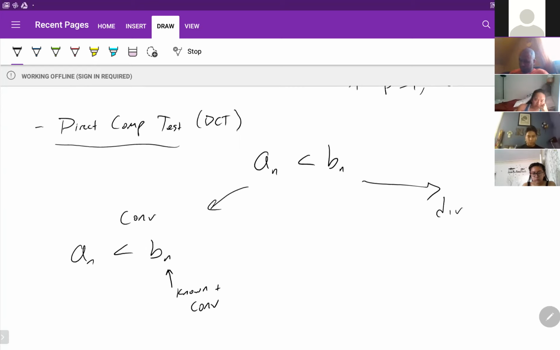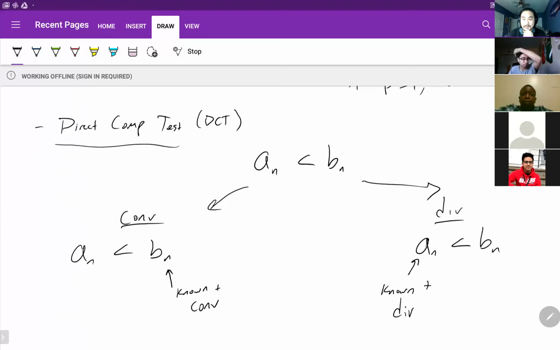The whole my-brother's-in-the-house thing, right? The divergent case is the reverse a little bit. Still a sub n and b sub n, but in this case you want this one to be the one you know, and you want it to diverge. Because if something is too big, then anything above it will also be too big and also diverge. Are we okay with that idea yet, or are we still not seeing it, John?